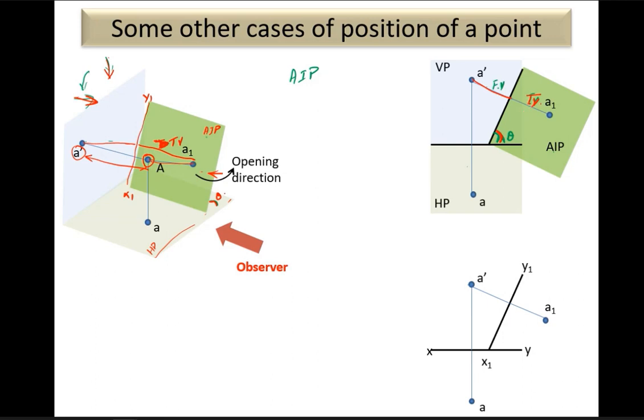Is it clear how we have projected? Yes, sir. There may be a little bit of confusion. So this is basically A dash, or you can say that this is equal to A to A1, and this is equal to A to A2.